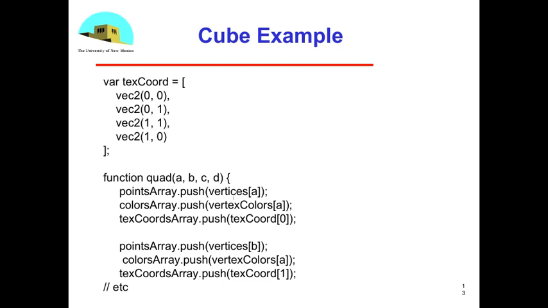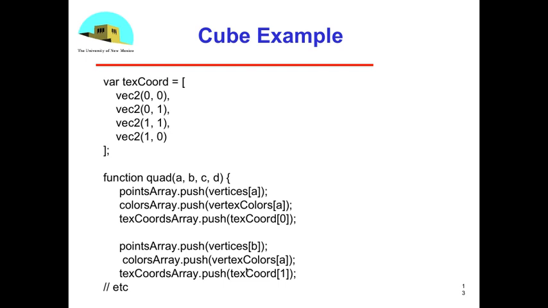So here I'm pushing the location of the vertex A, I'm pushing the color of vertex A onto the color array, and here I'm deciding I'm going to use texCoord 0, 0 for A, I'm going to use texCoord 1, 0 for vertex B, and so on for the other vertices, as I define either a pair of triangles or a triangle strip or a triangle fan.